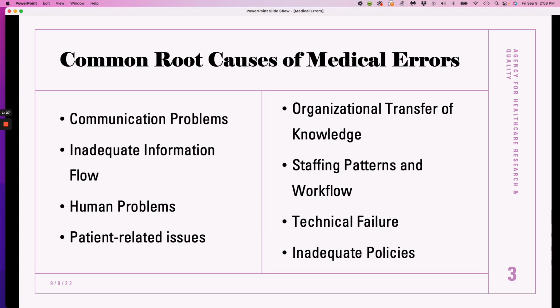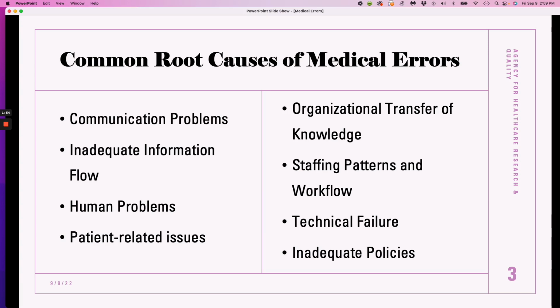Human problems come in when there's poor documentation, knowledge-based errors, and not following policies and procedures. Patient-related issues could have to do with patient identification, an inadequate patient assessment, a failure to obtain consent, or a failure to educate that patient.